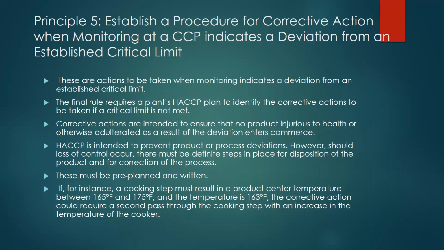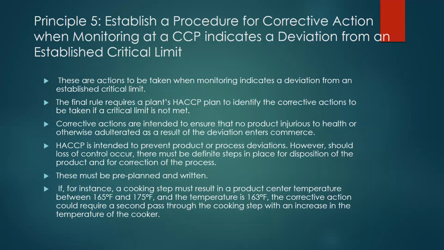These corrective actions are intended to make sure that no product injurious to health or adulterated as a result of the deviation enters the market. So HACCP is intended to prevent product or process deviations. If loss of control occurs, there must be particular steps which should be taken for the correction of the process.